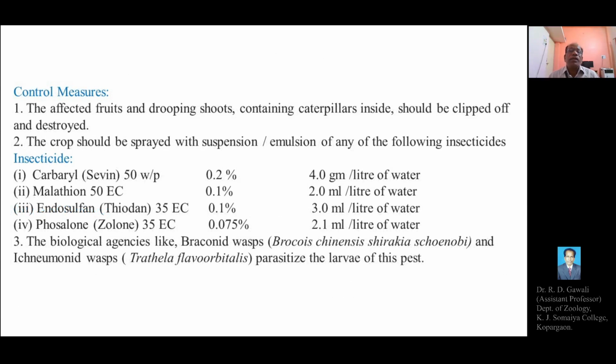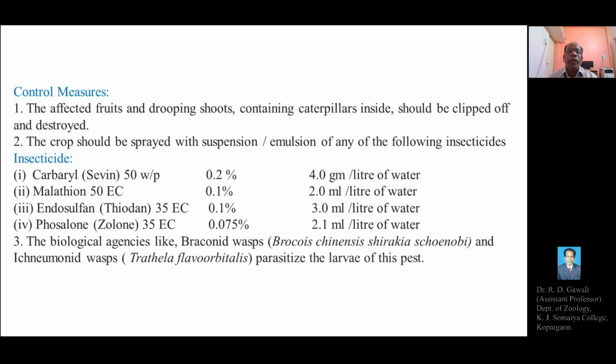Then control measures. The affected fruits and drooping shoots or branches containing these caterpillars inside should be clipped off or cut off and destroyed or removed from the brinjal field.